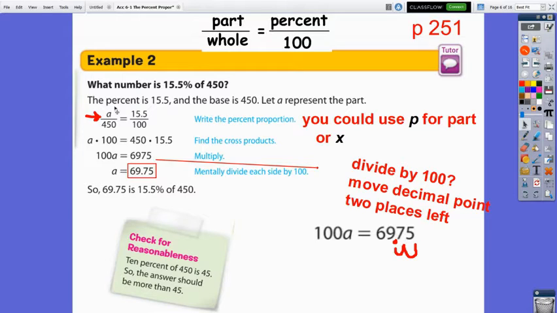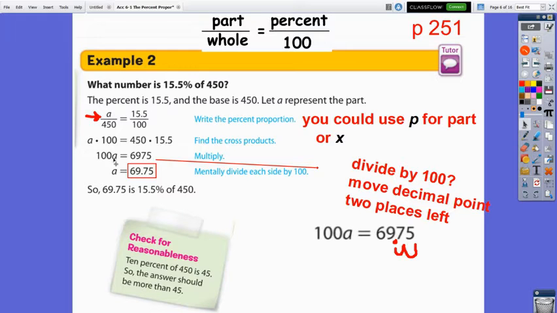So set up your percent proportion. X over 450, unknown part divided by whole, equals percent over 100, 15.5 out of 100. The word percent means out of 100, so that's where this side of the proportion comes from.